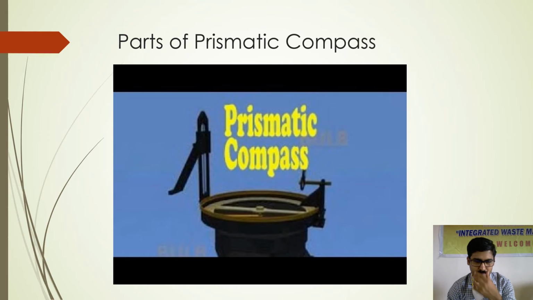Pivot is the point of rotation in the magnetic needle. A triangular prism is fitted below the eye slit, having suitable arrangement for focusing to suit different eye sights. Two dark colored glasses are provided with the prism for sighting luminous objects at night.